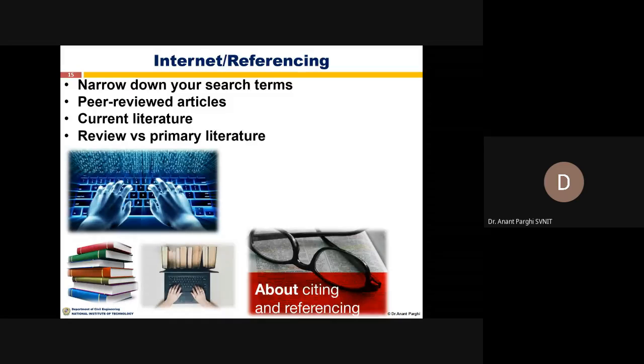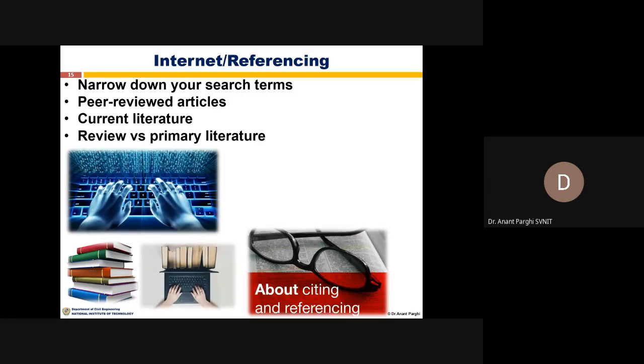For example, if you are in civil engineering, just write down the top 10 civil engineering international journals, right? Then you will get the list of journals and see who is the publisher, who is the editor, who are the reviewers, right? Just see each and everything, then you will get confidence. Yes, these are standard journals, because you will see that particular research article there.